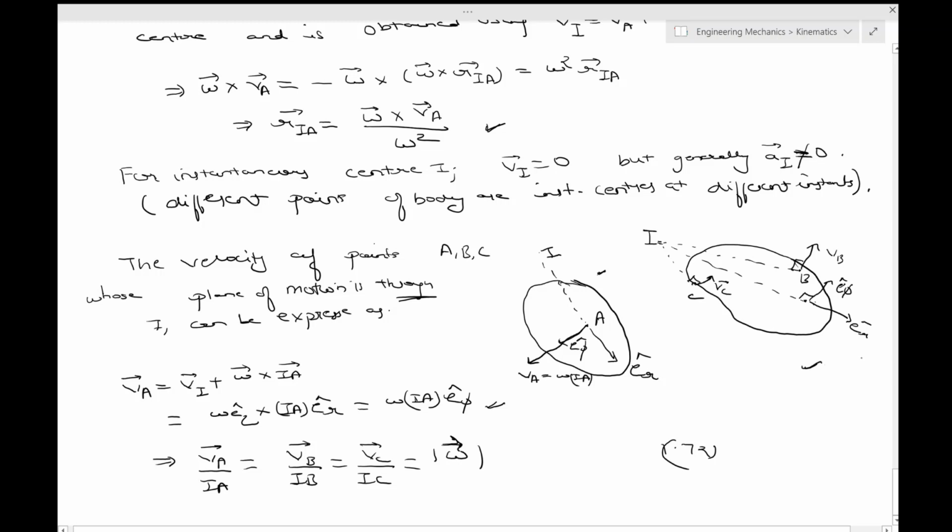So the velocity of C, velocity of A and velocity of B are all in this direction. Their magnitudes are what? Omega IB. I will not show the vector sign because the direction is clear. This will be omega IC. This will be omega IA. And this is again omega. So this is equation 1.72.